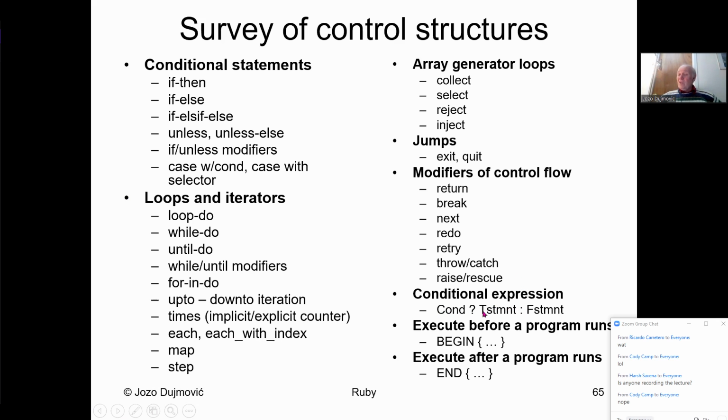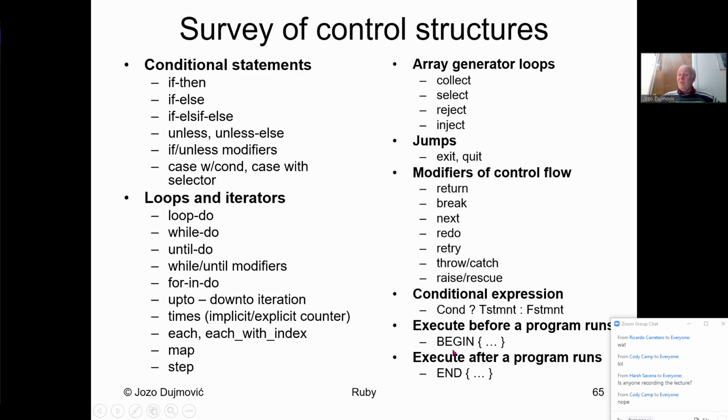Conditional statements, same as in C, ternary operator. You can have a piece of code that you want to be executed before a program runs, doing some preparation with files or something. So you say BEGIN with uppercase, and this is going to be executed before the program runs, and END means do something at the end after the program terminates.